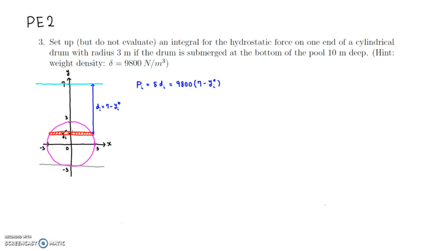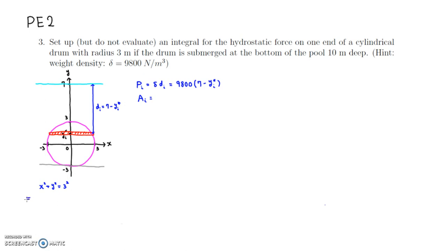Then if we want to find the hydrostatic force just on this skinny piece, actually, before that, we should find the area of that piece. The equation of the circle is x squared plus y squared equals 3 squared, since the radius is 3. Then we can solve this for x.